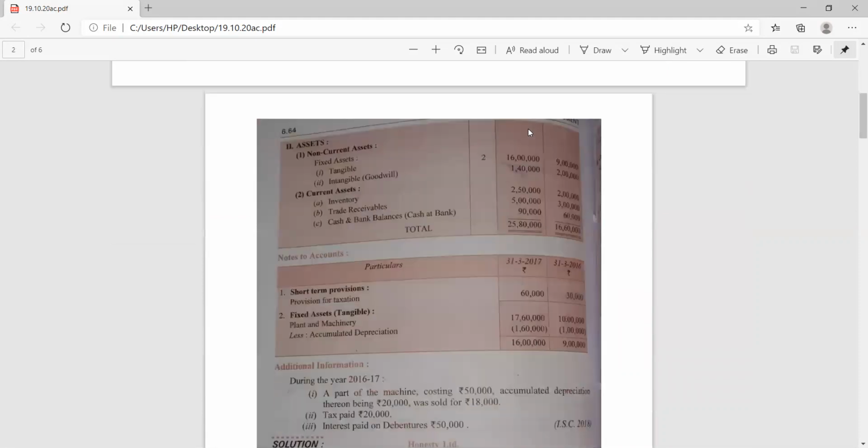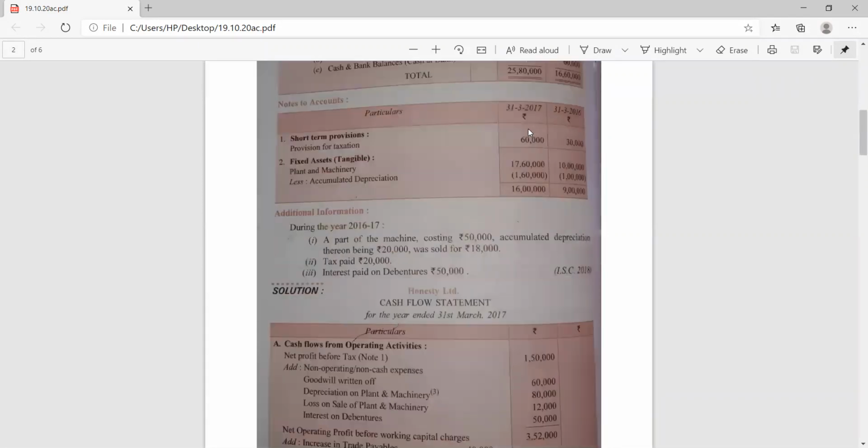Along with this, some notes to accounts are also given in which the short-term provisions and fixed assets are provided. And additional information is given, known as the adjustment part. Whenever the balance sheet and notes to accounts are given to you, along with that some adjustments are given. Don't forget to treat these adjustments while attempting the question.